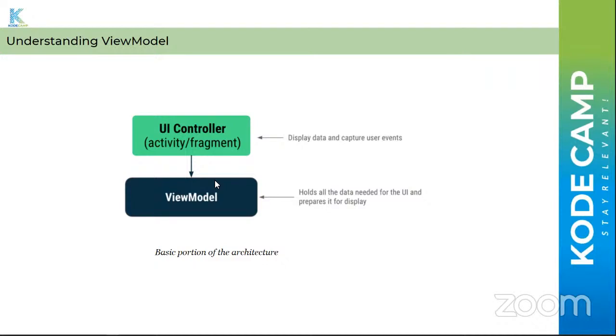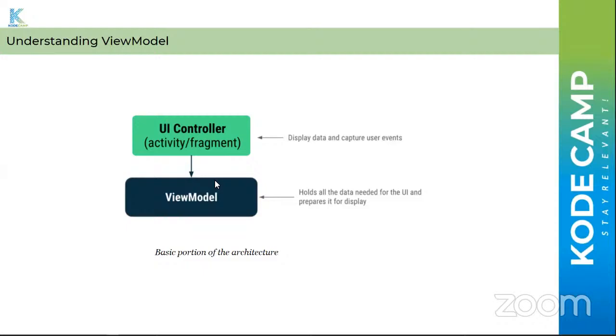To summarize what I've just said: activities and fragments are categorized as UI controllers. They are responsible for drawing views and data to the screen. They get the views, draw the views and the data to display, display that data for you, and capture user events.